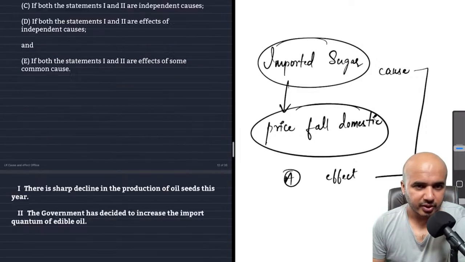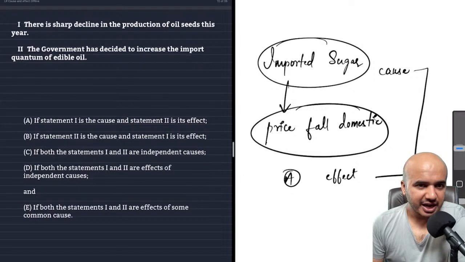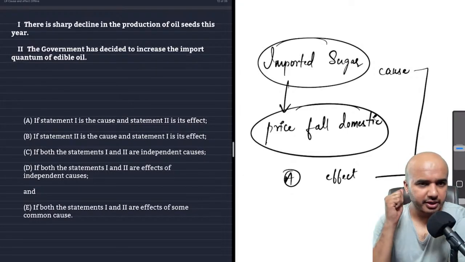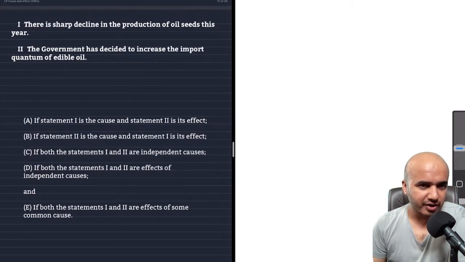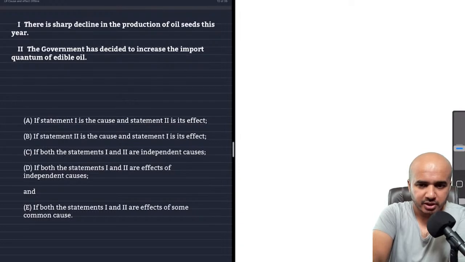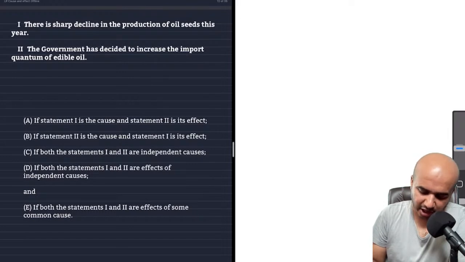Okay, next one. There is a sharp decline in the production of oil seeds this year. The government has decided to increase the import quantum of edible oil. So now here also we have two statements with respect to oil only. One is sharp decline in the production.